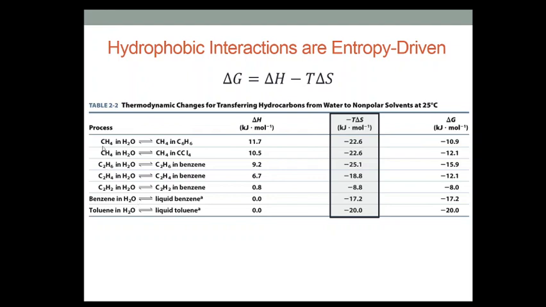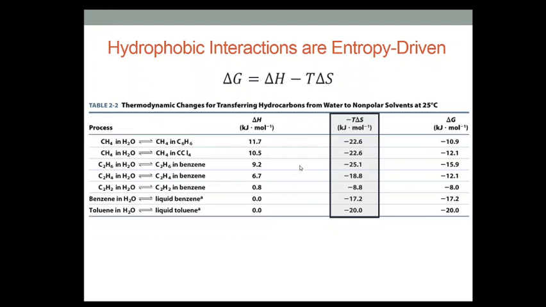So when we take our nonpolar molecules and move them from water into nonpolar solvents, water that was previously ordered around the nonpolar solute now can become disordered again. It doesn't have to order to accommodate the nonpolar solute anymore.